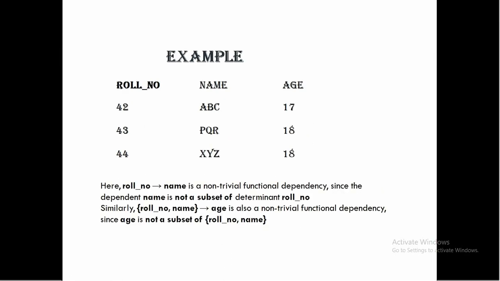Roll number → name is a non-trivial functional dependency since the dependent, name, is not a subset of the determinant, roll number. Similarly, roll number, name → age is also non-trivial because age is not a subset of roll number and name.